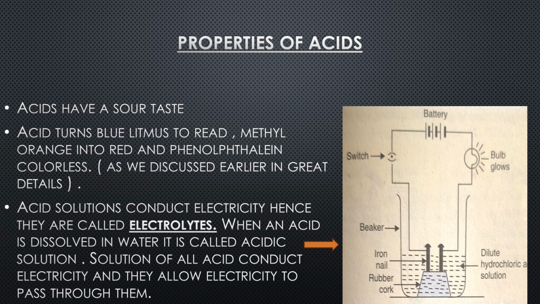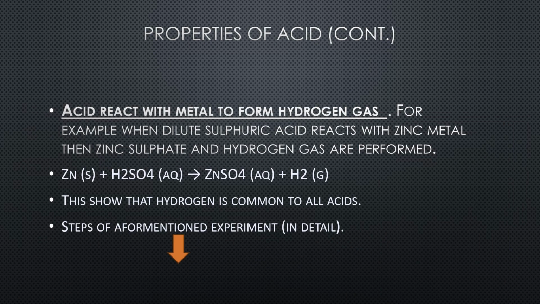Now acid reacts with metal. Next property is acid reacts with metal to form hydrogen gas. For example, when dilute sulfuric acid reacts with zinc metal, then zinc sulfate and hydrogen gas are prepared.